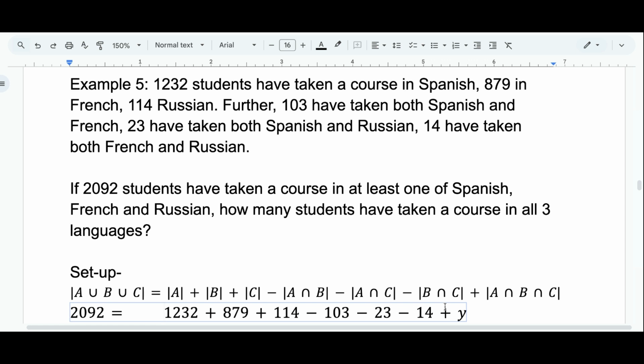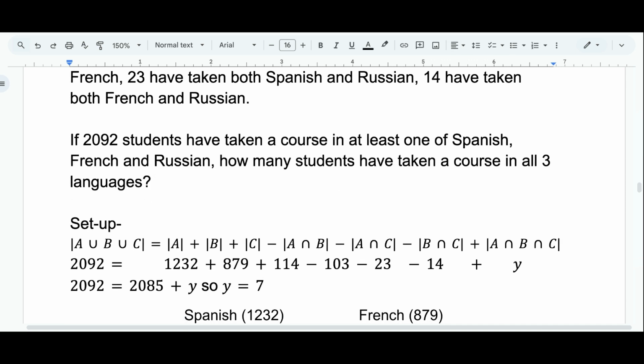Last part of the formula is to add back in the triple intersection, which is what we wanted to find. How many students have taken a course in all 3 languages? And from here on out, we have some arithmetic.